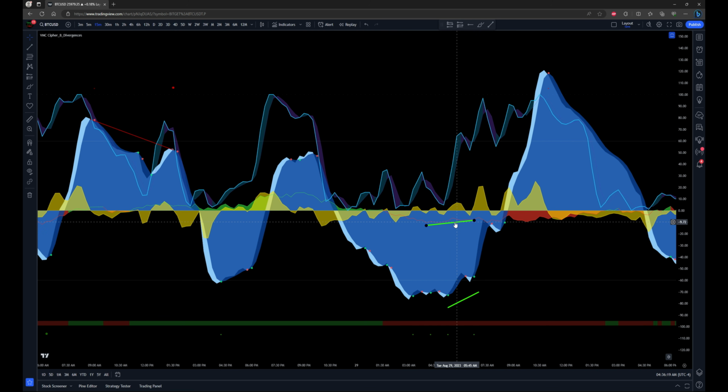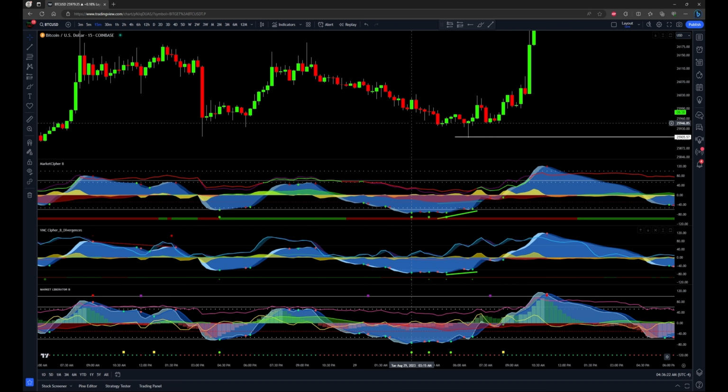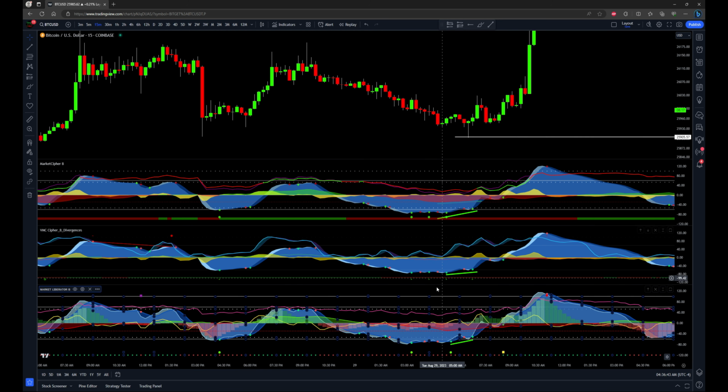So you could have had the same entry with the VuManChu version. Still was valid on that. Let's see, we had the same on our momentum here, although it crossed at a different time on this first one. It didn't make a difference. The bullish divergence was still there, and it looks like our money flow, same thing, was still coming to the upside.